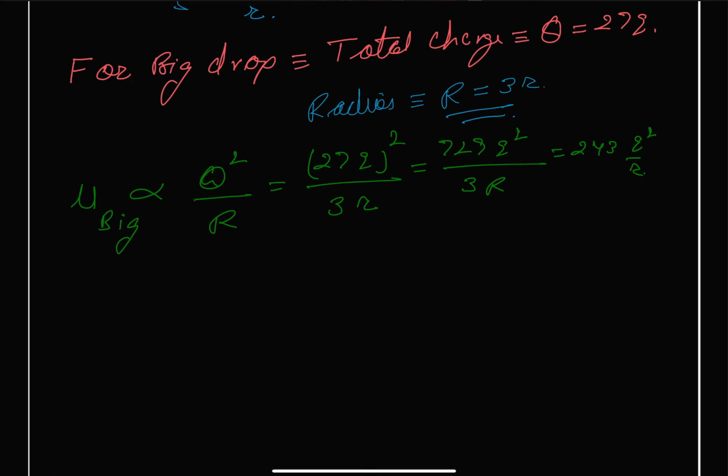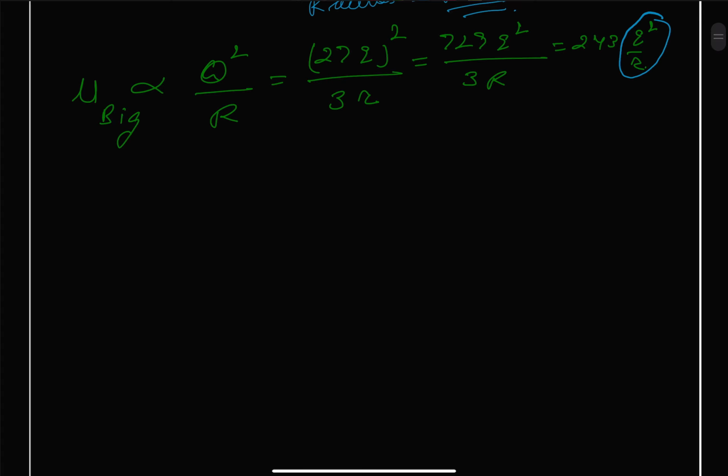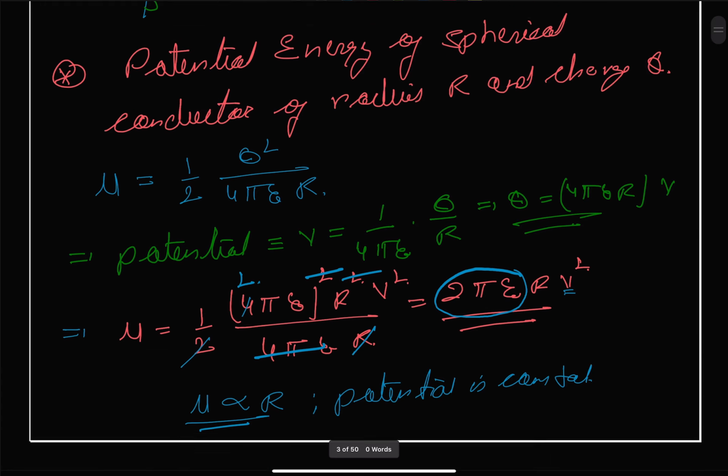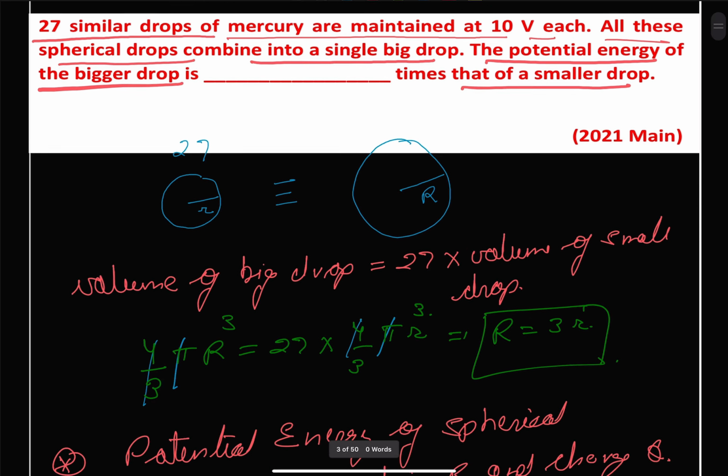And this q square upon small r is nothing but the energy of the small drop. Therefore, the energy of the big drop will be equal to 243 times the energy of the small drop. So this comes as 243.